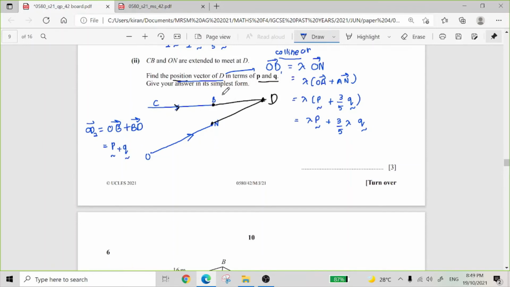And then BD, looking here, CBD is also collinear.